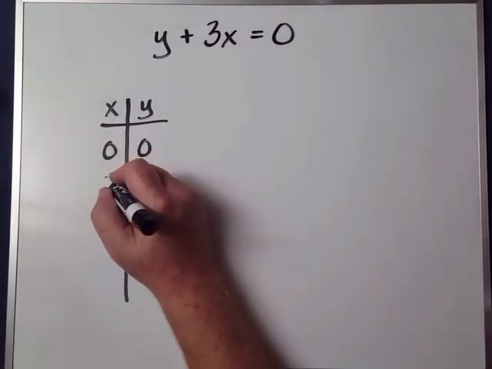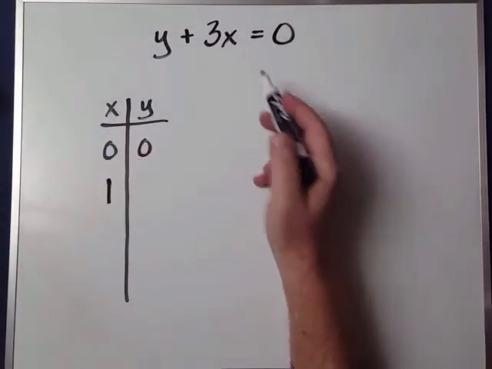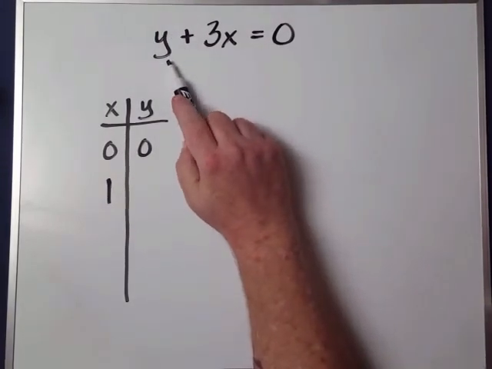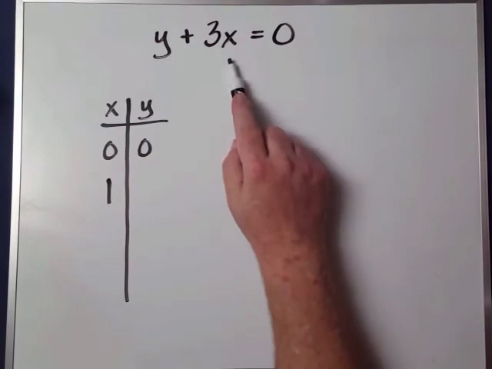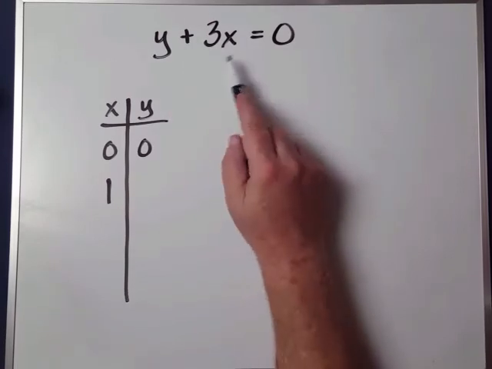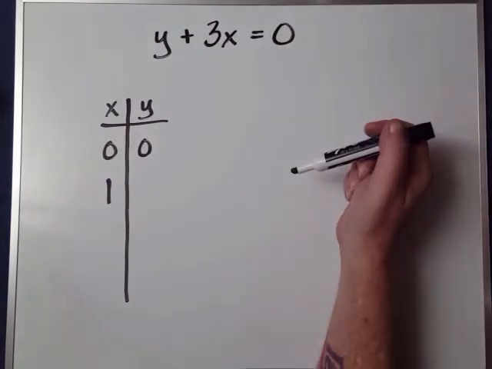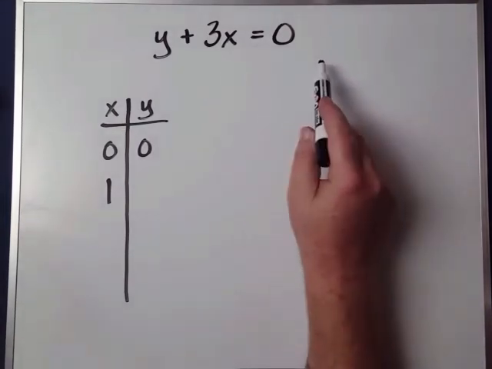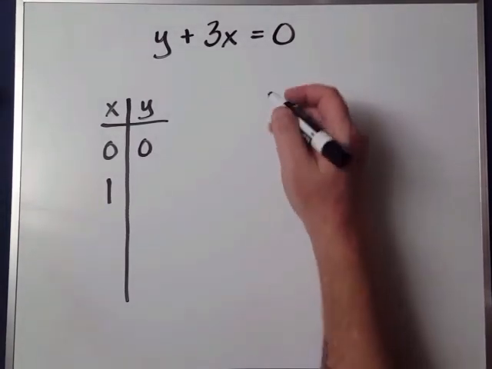I'm going to plug 1 in for x. Consider, if I plugged 1 in for y, I'd end up with a fraction for x. Think about that. If I were to plug 1 or 2 in for y, I'd end up with a fraction for x. So I'm looking at this and I'm thinking, what would be convenient?